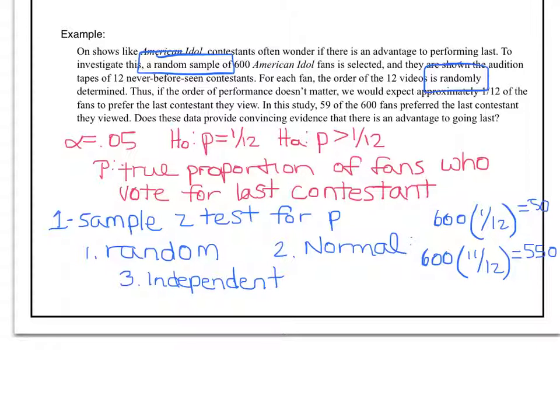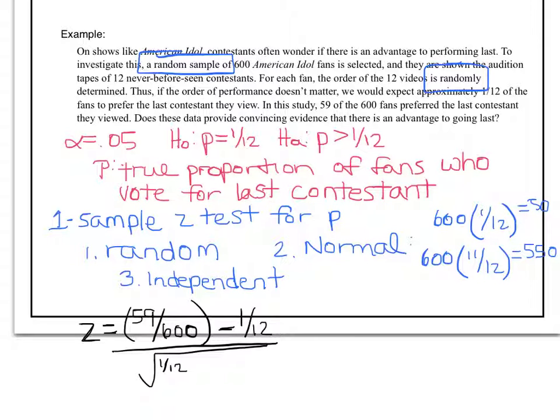So once I've done my state and my conditions are checked, then I can do my z statistic. So z is equal to the p-hat, which is 59 out of 600, minus the 1/12, divided by the square root, and I want to use p hat, so that's 1/12 times 11/12 over 600.